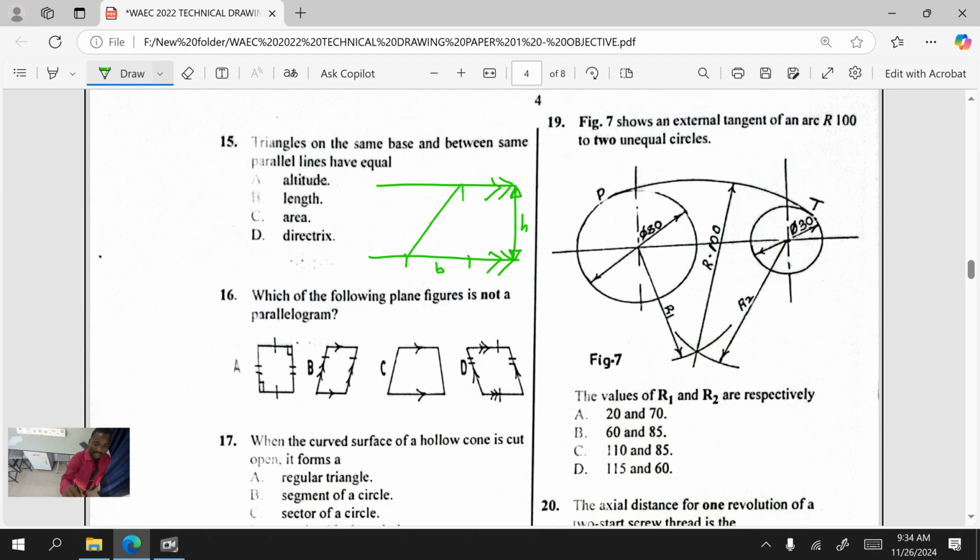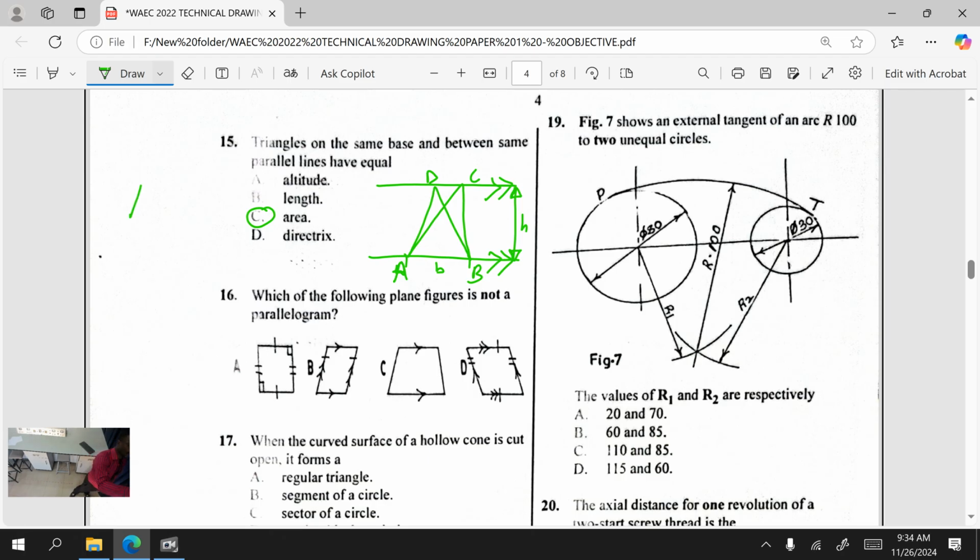So if I draw a triangle like this, and I draw another one like this, can you see that now? Let's say this is triangle ABC, and this is triangle ABD. What will they have equally? They will have equal area.